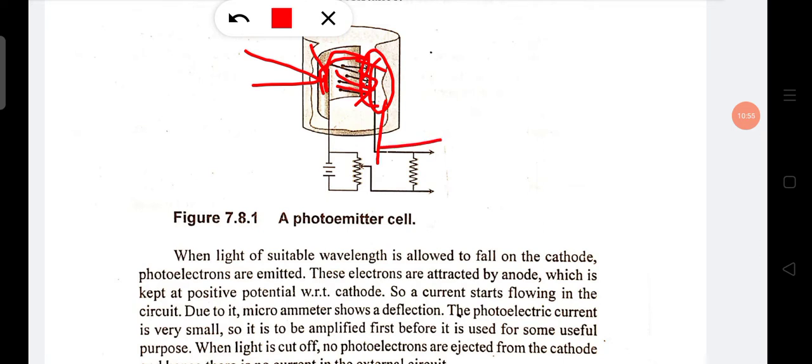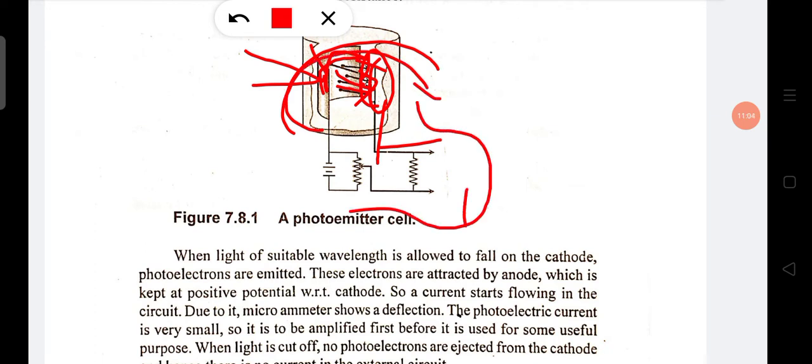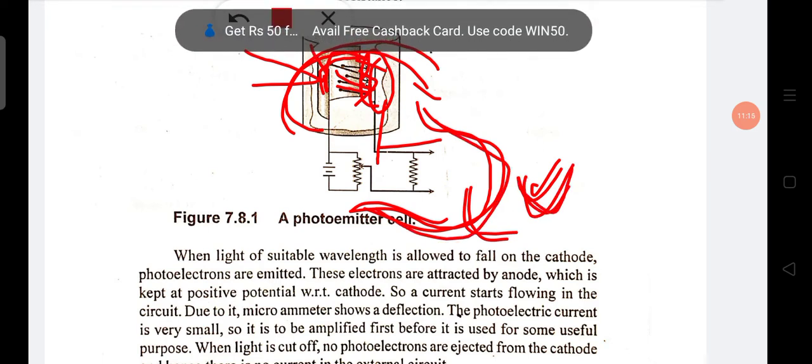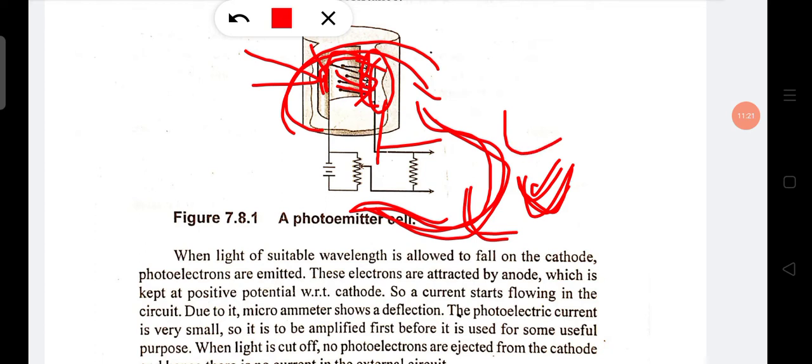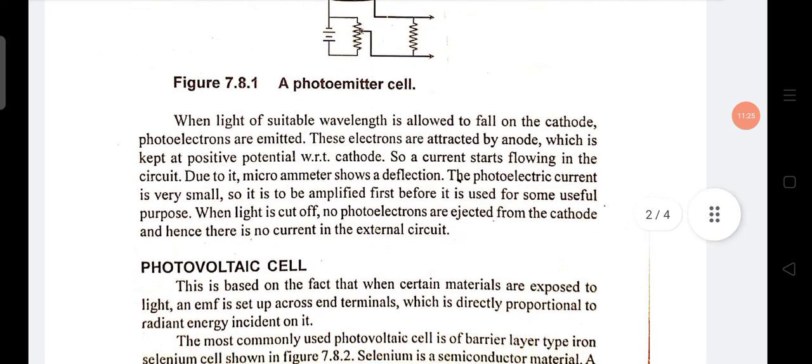As the electrons flow from cathode to anode through the circuit, a current flows, but this current is very low. So before using this current for any useful purpose, we should amplify it. This is the concept of the photoemitter cell.